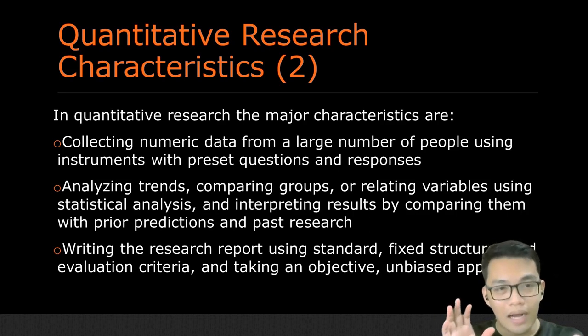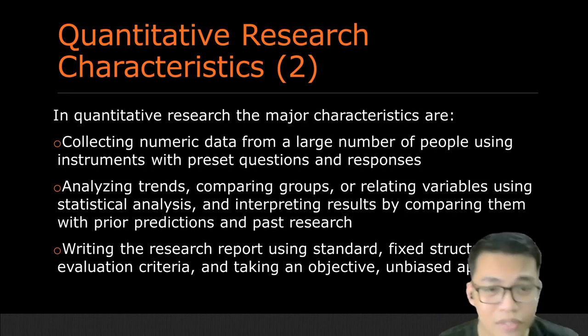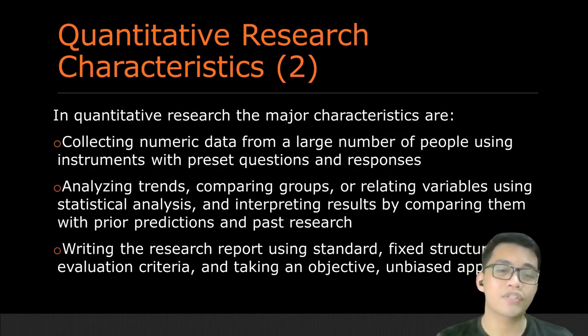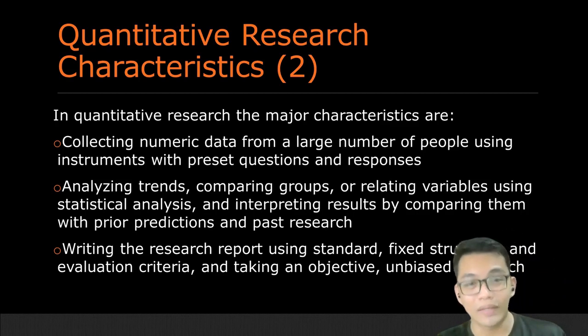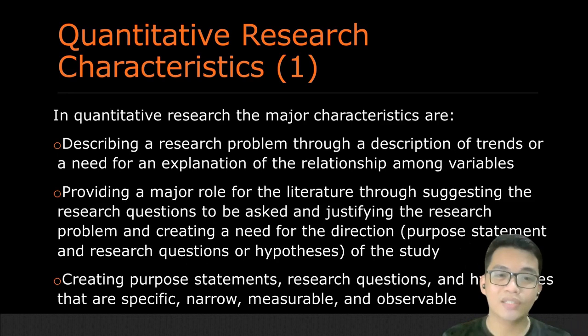So this is the second set of characteristics for quantitative research. Let's review what the first is. What is the first characteristic of quantitative research? First, it has to describe.